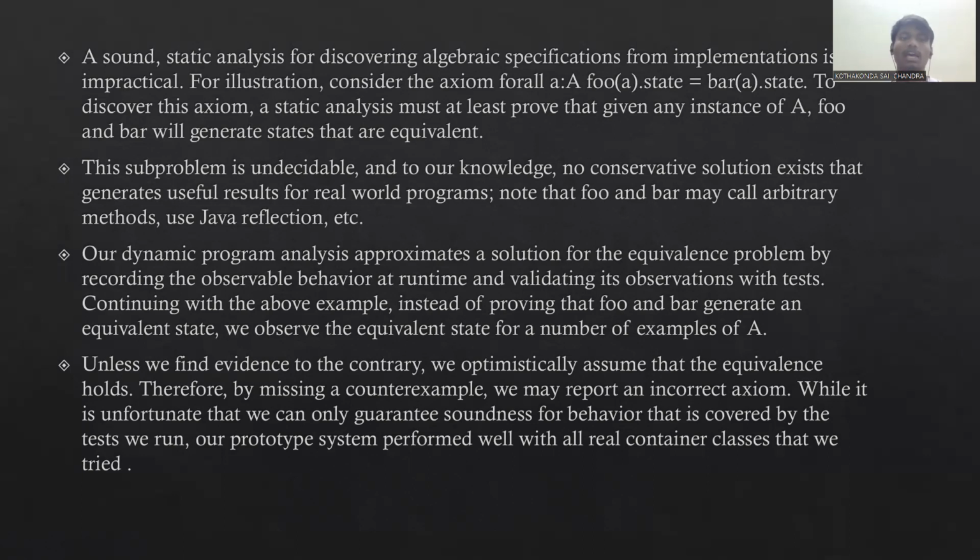To discover this axiom, a static analysis must at least prove that, given an instance of a, foo and bar will generate states that are equivalent. This subproblem is undecidable, and to our knowledge, no conservative solution exists that generates useful results for real-world programs. Note that foo and bar may be arbitrary methods and use Java reflection, etc.